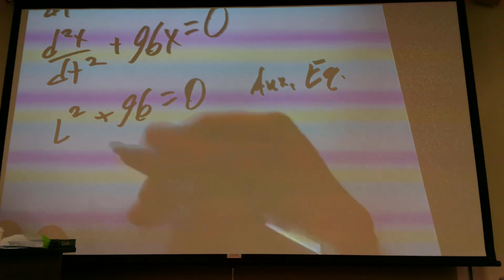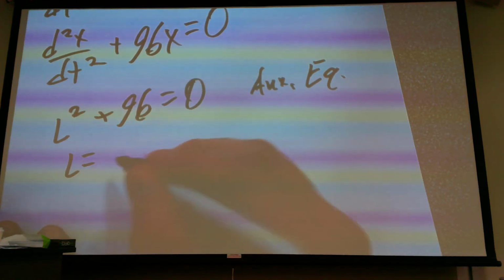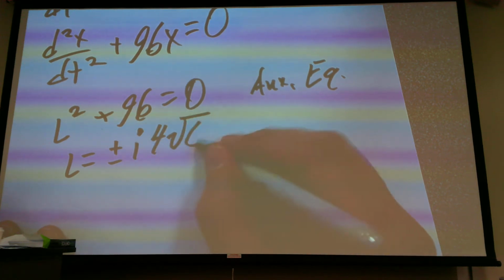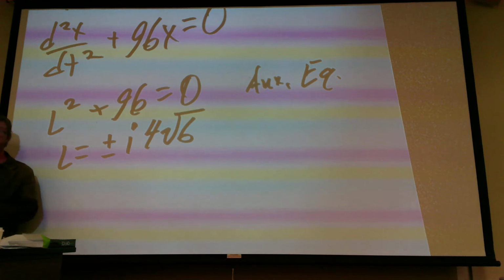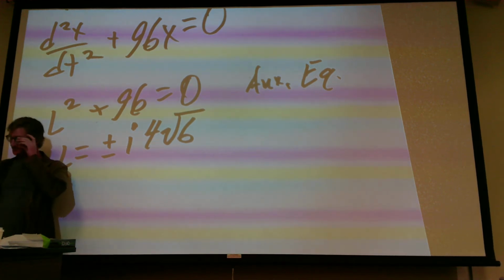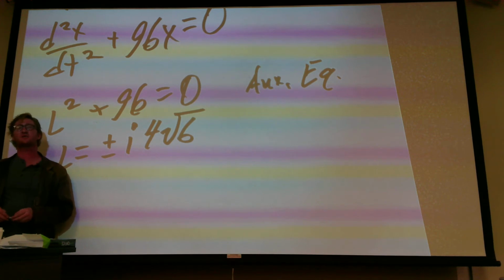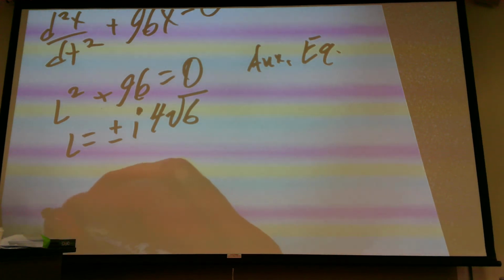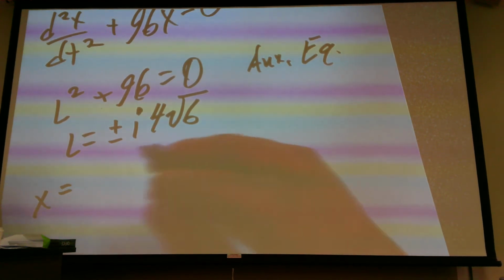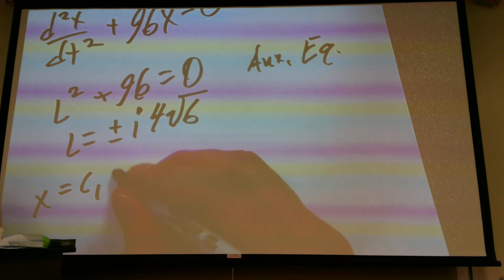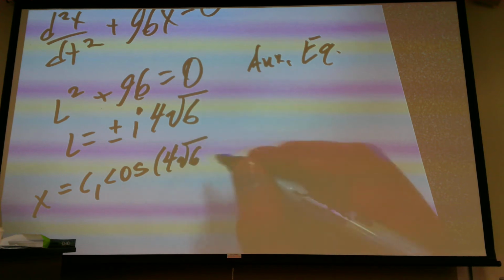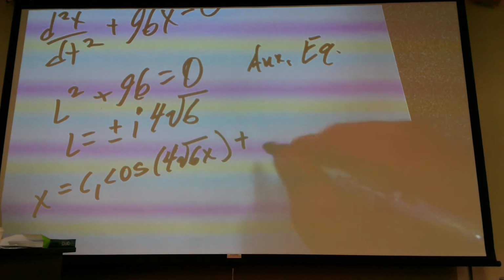So L will equal plus or minus i times 4 root 6. I already wrote all these numbers down. So all we have is the complex part. We don't have a real part to this problem. So x is going to equal C1 cosine of 4 root 6 x plus C2 sine.